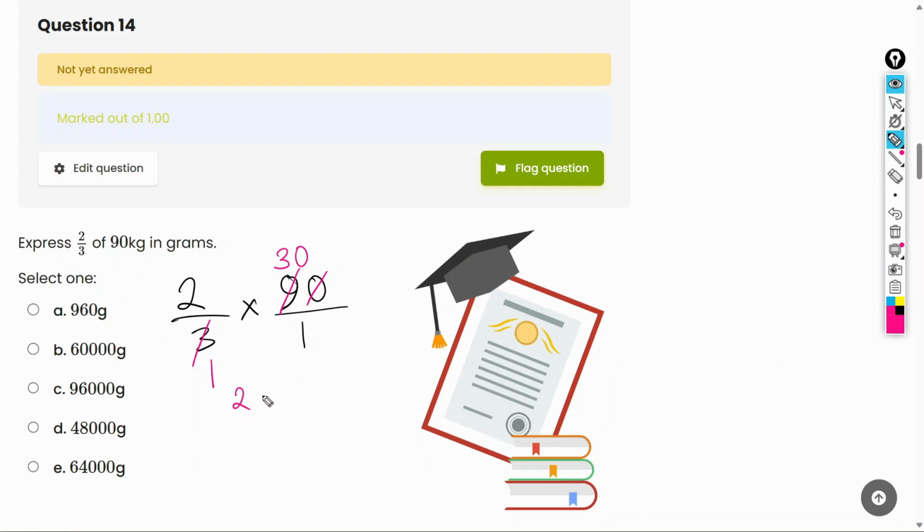We are left with 2 times 30, which is 60. That's 60 kilograms. 60 kilograms, we multiply that by 1,000, it becomes 60 with 3 zeros. That's 60,000 grams.